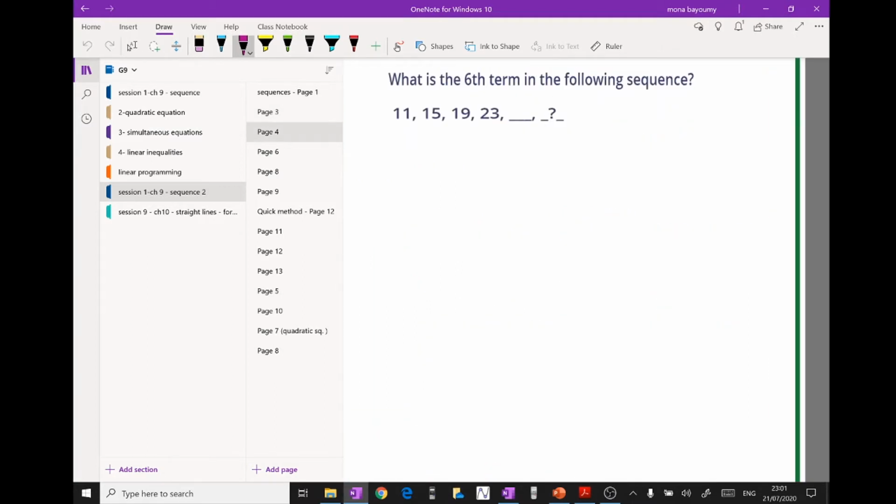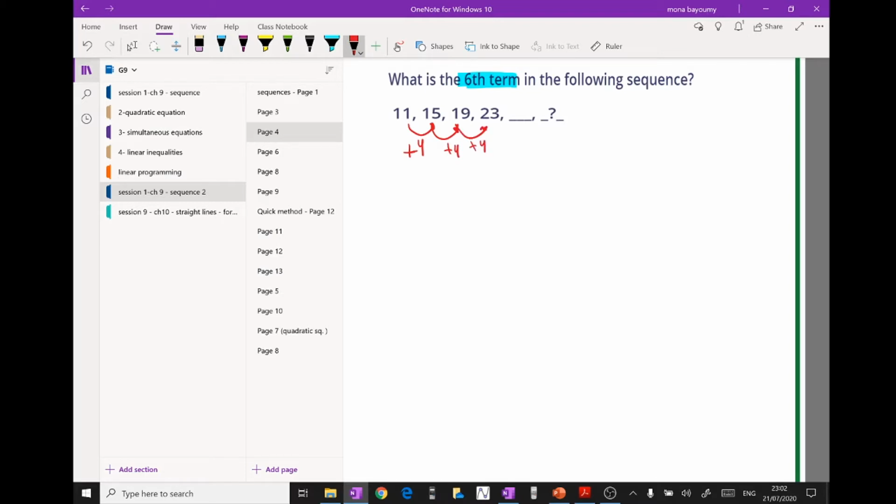Now, he asked us to find the sixth term. To find the sixth term, we have to find first the common difference between any two successive terms. 15 minus 4, it is positive 4. 19 minus 15, it is positive 4. Again, 23 minus 19, it is positive 4.